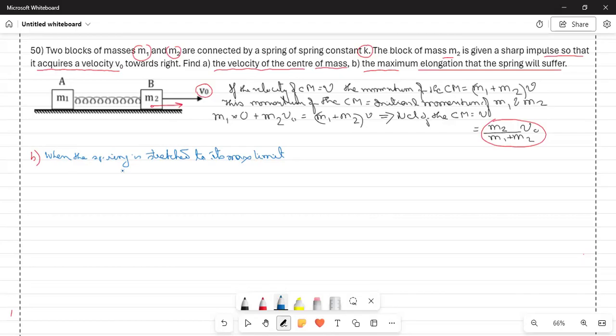At that time, when the spring is stretched to its maximum limit, the spring and the two bodies, that means M1 and M2, behave as a rigid body. This is very important in this particular problem. It behaves as a rigid body.